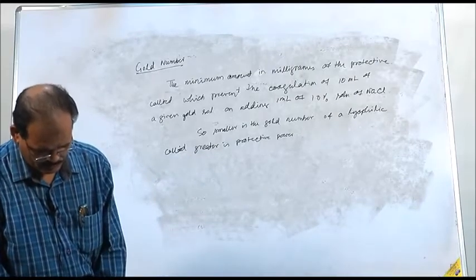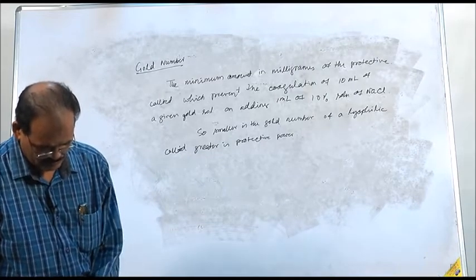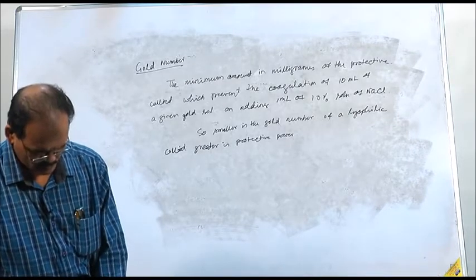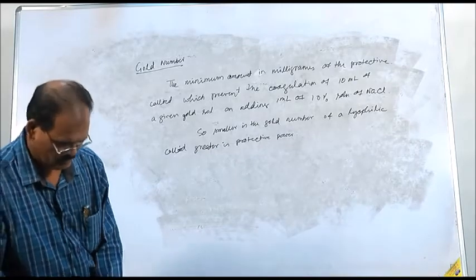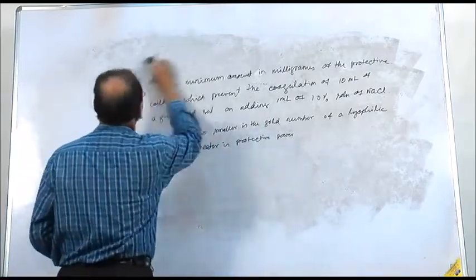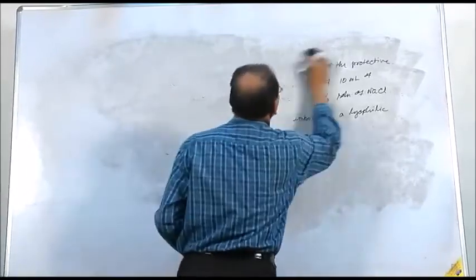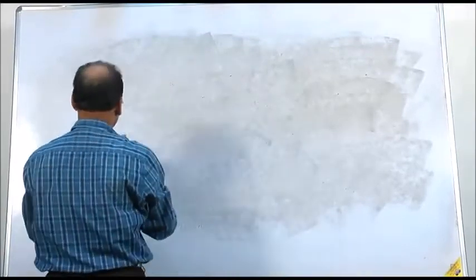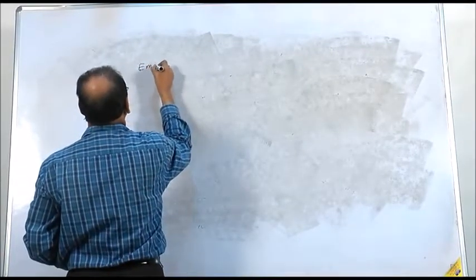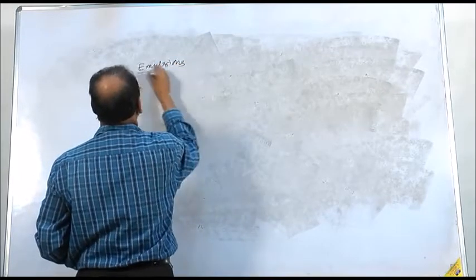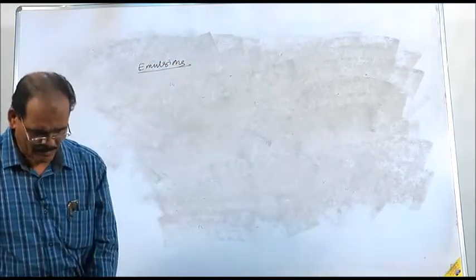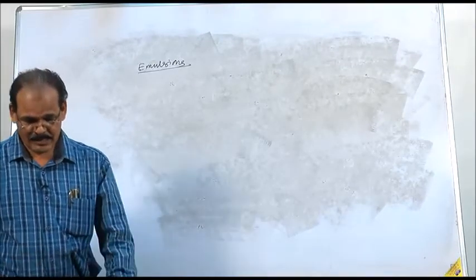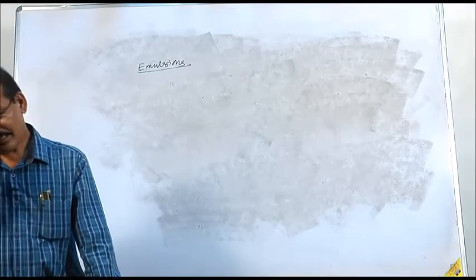Lastly, we have to come across emulsions. Emulsions are colloidal systems in which the dispersed phase as well as the dispersion medium are normally liquids.